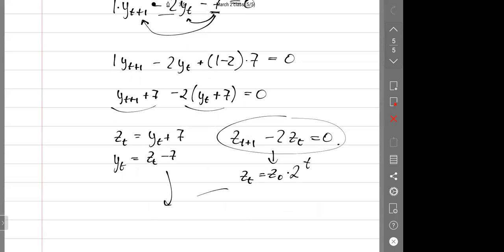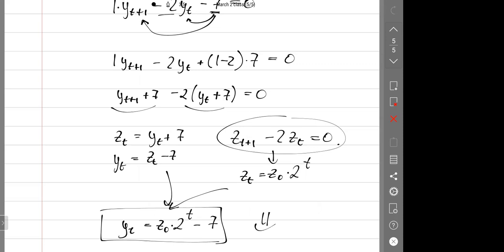Bingo, I have solved it without any ugly words like characteristic equation. I have y_t equal to some constant z0 times 2 to the power t, minus 7, and I'm happy with middle school methods.